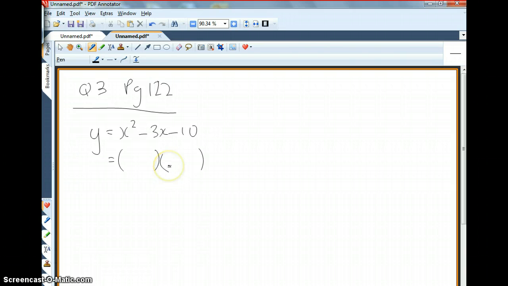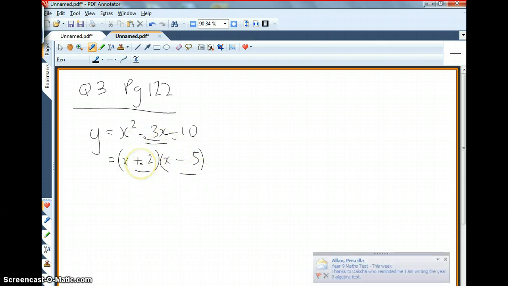Factors of 10. 5 and 2, that'll do. 5 and 2 have a difference of 3, so I'm happy with those two. One of them has to be negative. It is minus 5, because minus 5 plus 2 gives minus 3. So that there is correctly factorised.